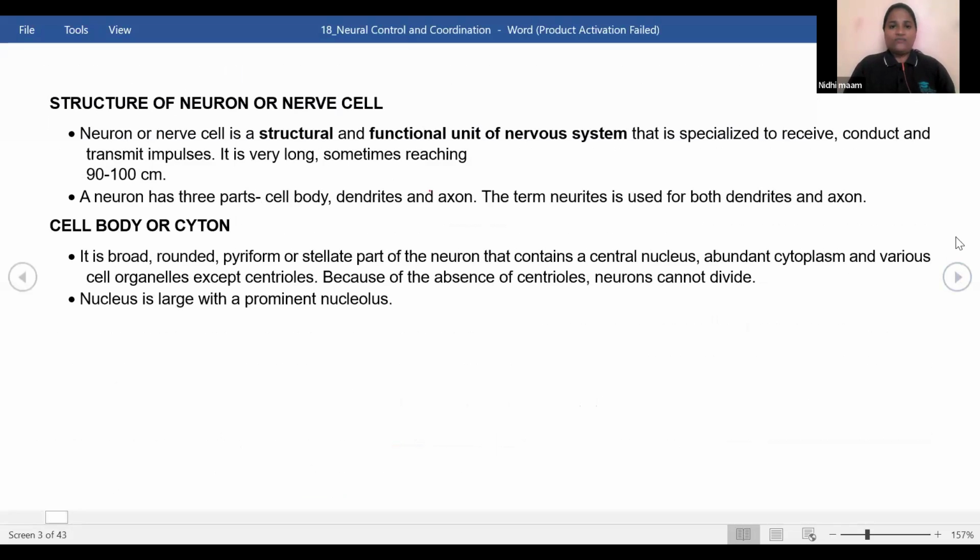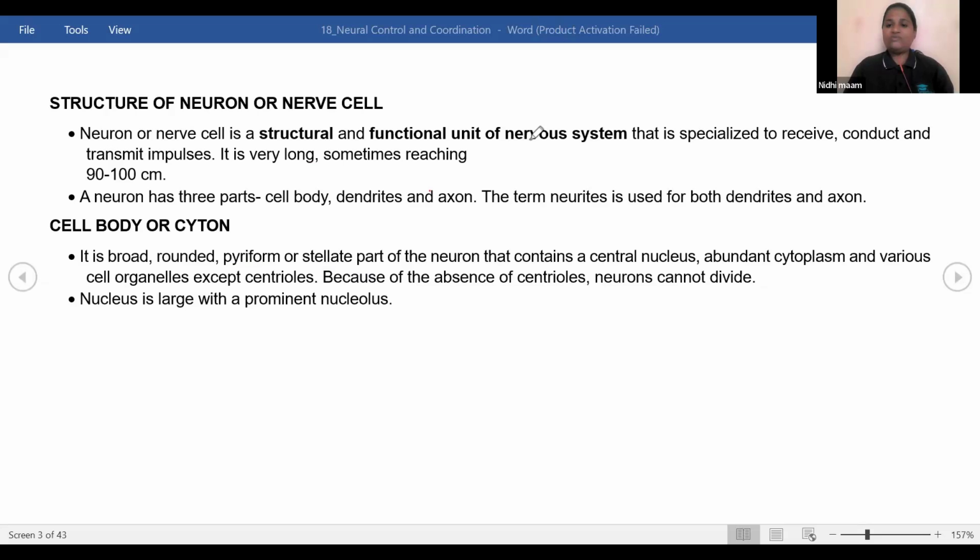The cell of a nervous system is called a neuron, as you all are aware. When we see the structure of a neuron, we will have the cell body or cyton. It is a broad, rounded, pyriform or stellate part of a neuron which contains a nucleus, abundant cytoplasm, and cell organelles except centrioles.